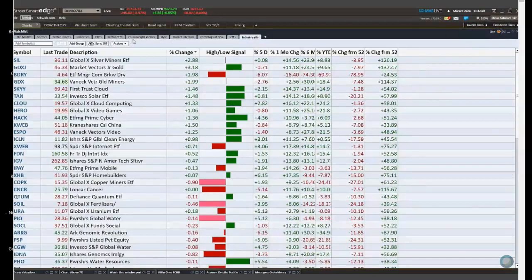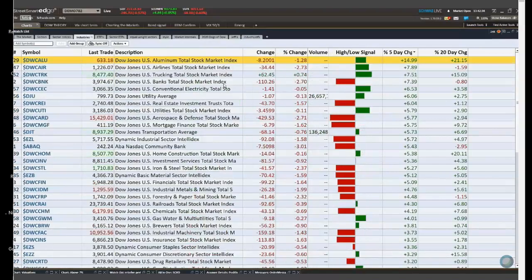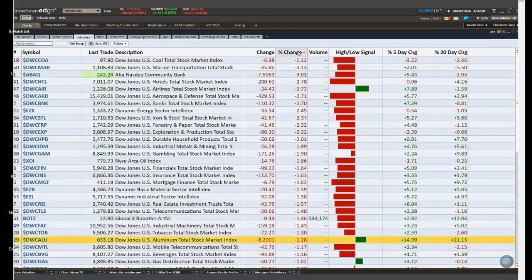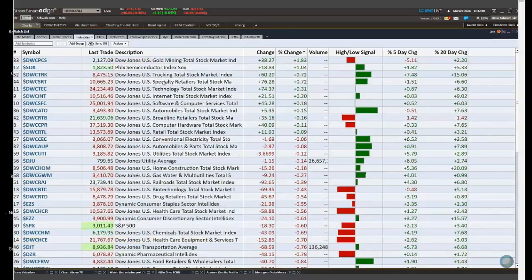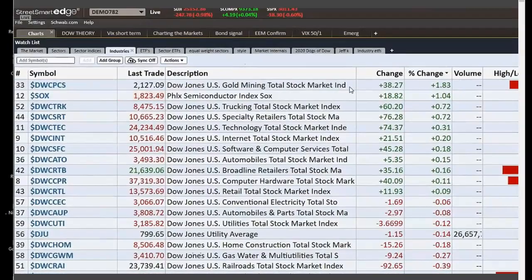Let's see what's moving today. So I'll sort by today's change. Yeah, so gold miners, well, we talked about them.